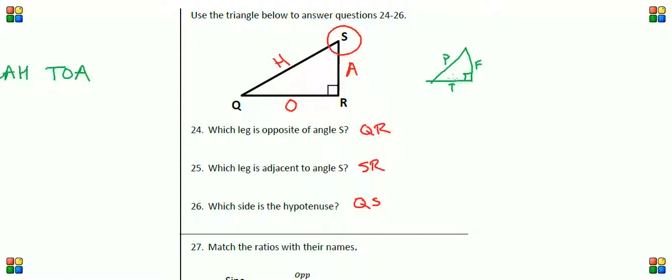So now we could call this side T, or side F, or side P. But in a normal diagram where just the vertices are labeled, you can't call a side by one letter. You have to name it by its endpoints, or two letters.